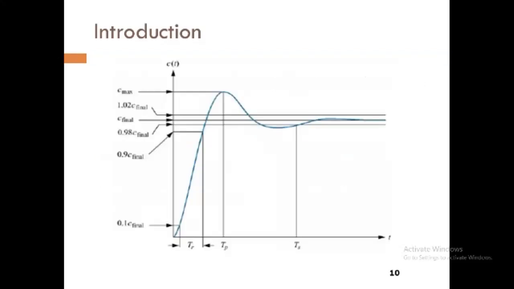See this graph. Basically, this graph will introduce some points, starting from the value 0.1 C, that is the final value of the transient system, to the maximum value of the transient system. So basically, this is the classical approach to transient analysis. The transient analysis of an electrical circuit is as important as steady state analysis.